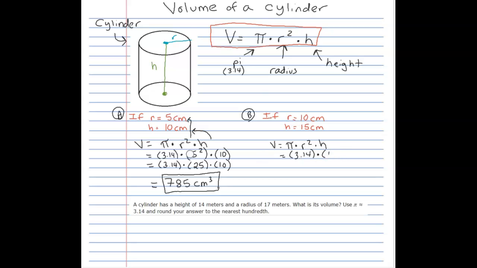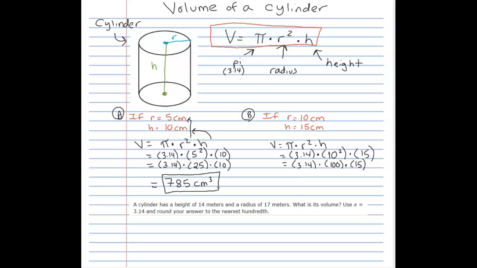I'm going to explain why. We want to put the square for the 10 inside the parentheses times 15. Again, if you're feeling confident, you can put all this in your calculator, go for it. If you're not, we're going to do that additional step. 10 squared is 100 times 15.